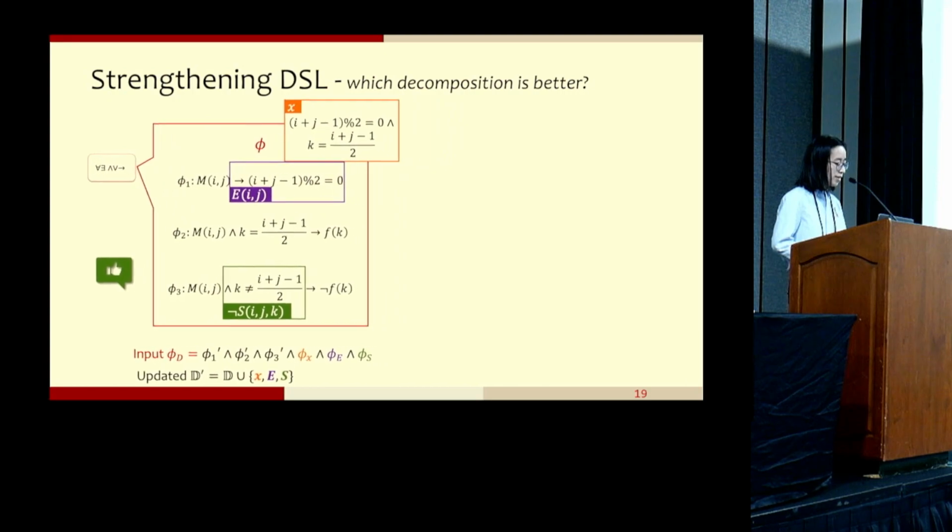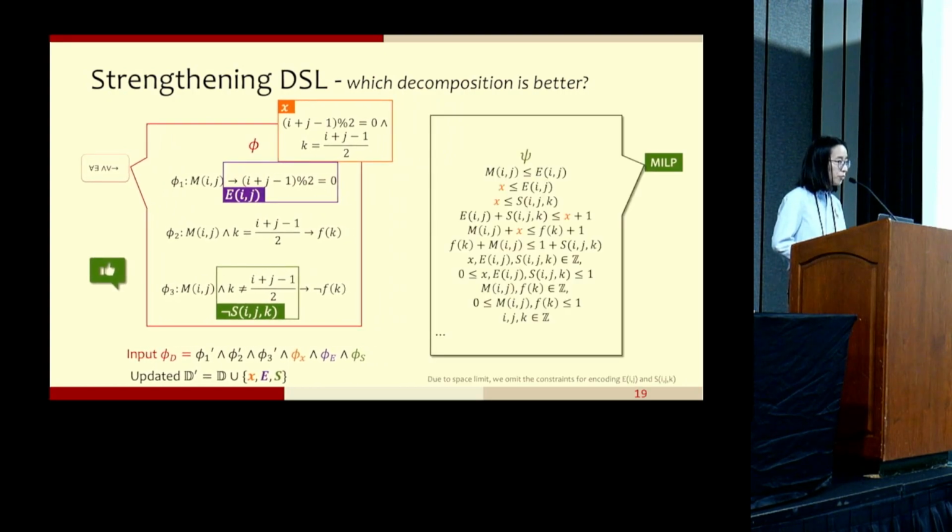That's why you can see that in the output linear formula, there is the newly created variable x colored in orange, and there are also some arithmetic computations over x. Here, we also want to highlight that there is one more solution psi without even using x, and I'm happy to talk about that offline.